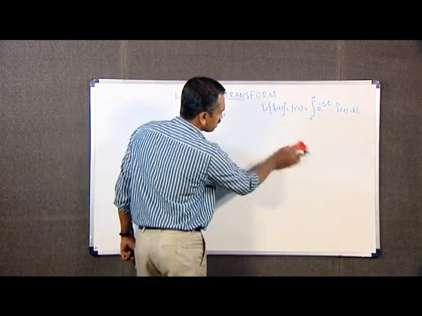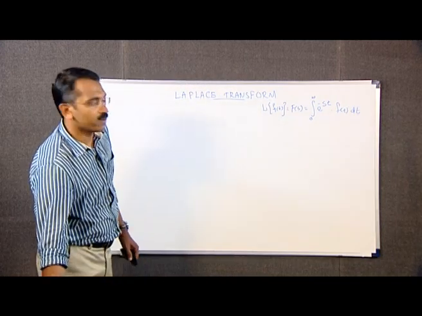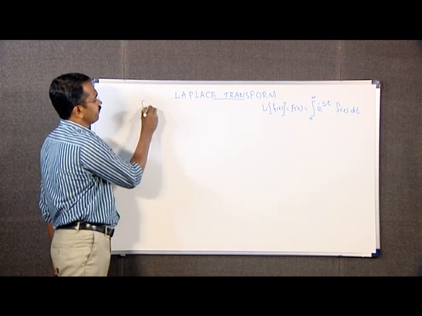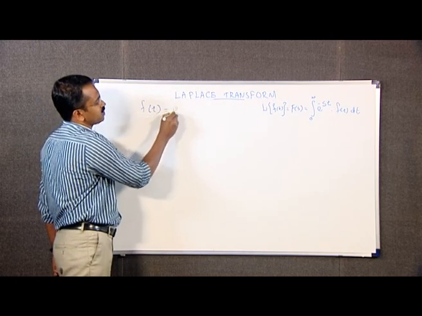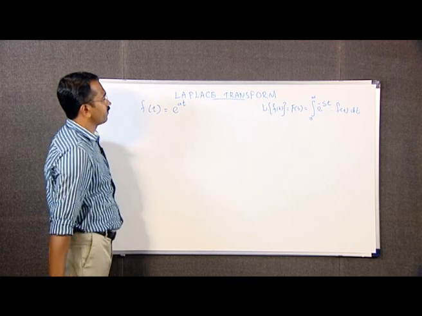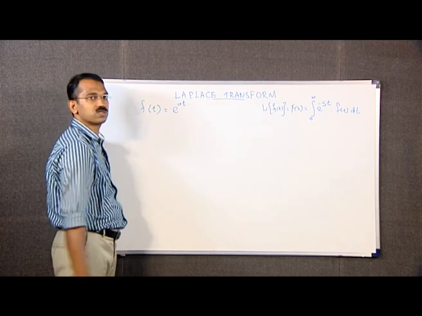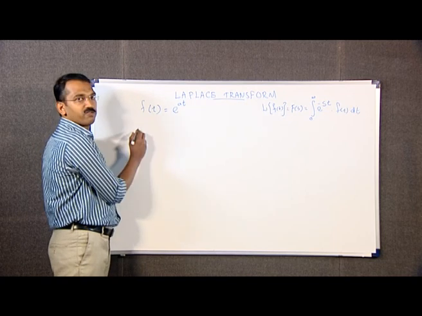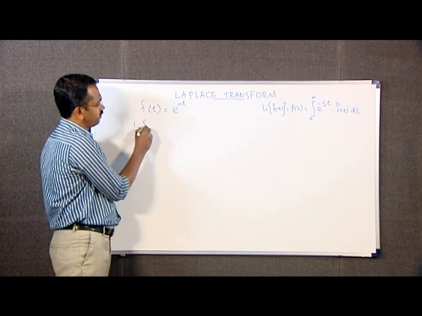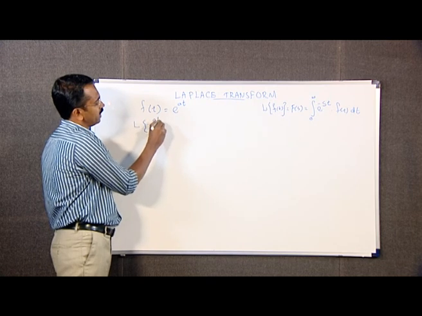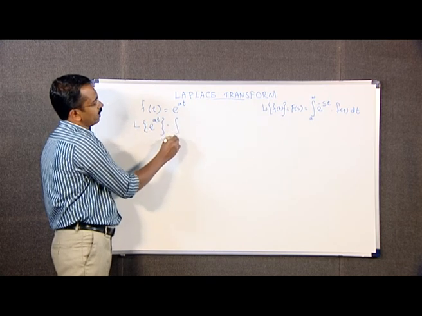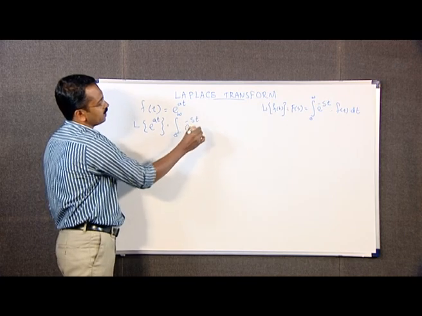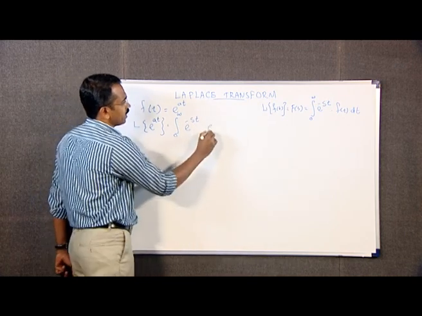Now consider the function f of t equals e raised to at, that is the exponential function, where a is a constant. Then by the definition of Laplace transform, we have L of e raised to at equal to the integral from 0 to infinity of e raised to minus st into e raised to at dt.